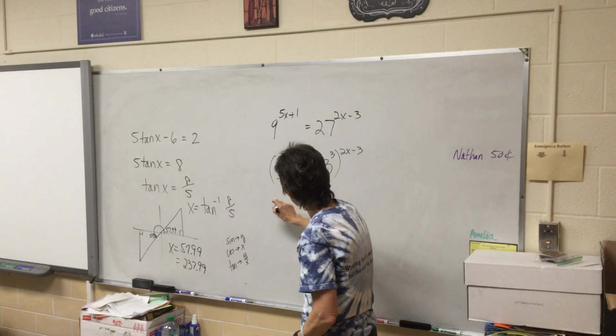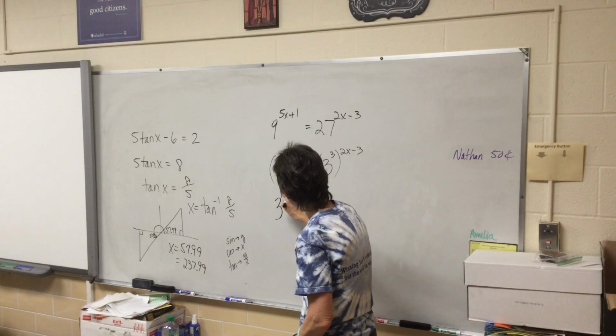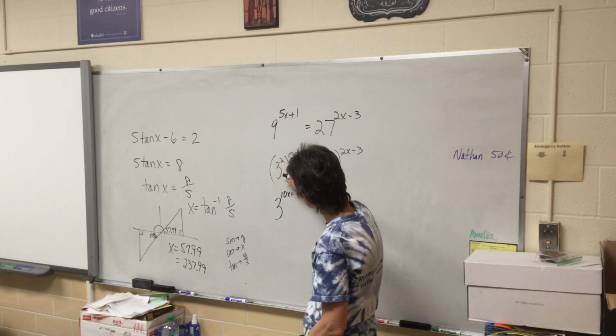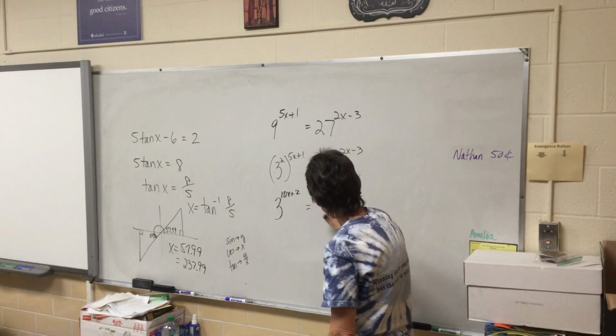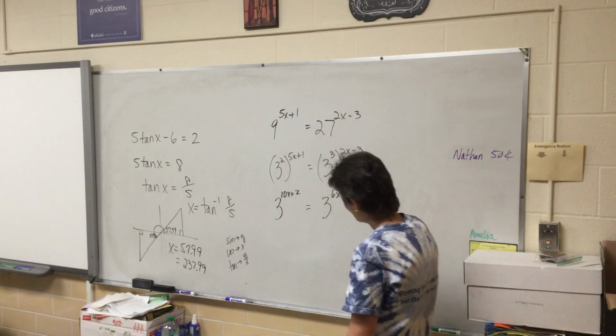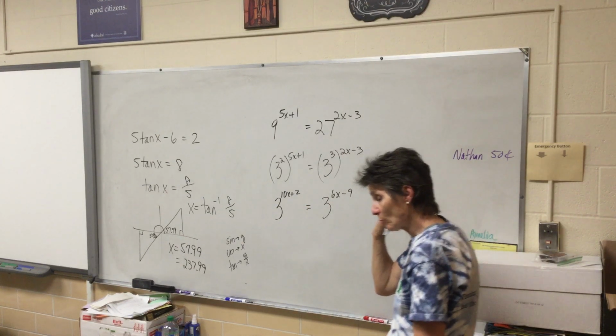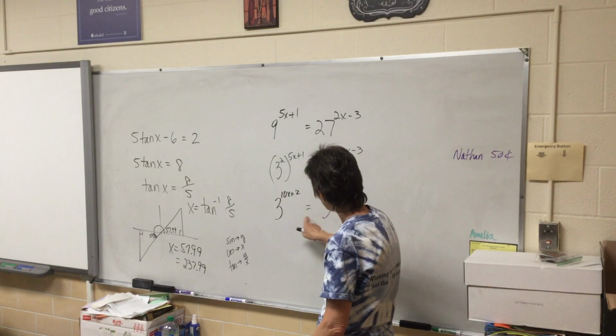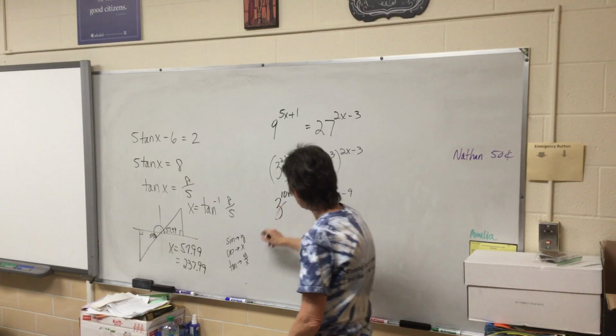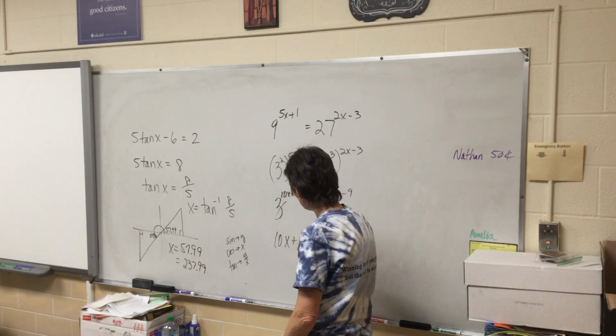Now, these get multiplied, so this is 3 to the 10x plus 2. Remember, when you have a double exponent, you multiply. And likewise over here. This is just like that logarithm problem we had a minute ago. When you have 3 to a power equals 3 to a power, you can just set the powers equal to each other.